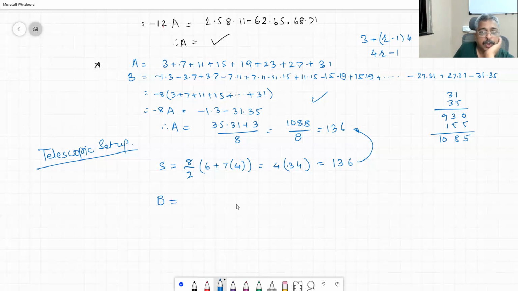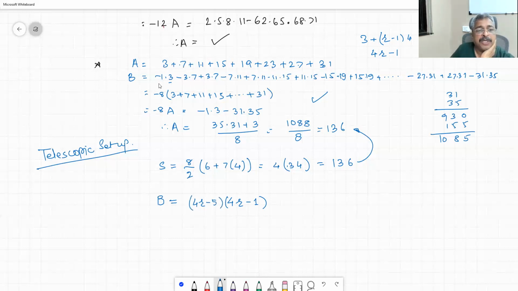Okay. So if I want to write down B, I will write it in terms of 4r minus 1. 4r minus 1 is going to give me the second term, that is 3, and the term before that is 4r minus 5.